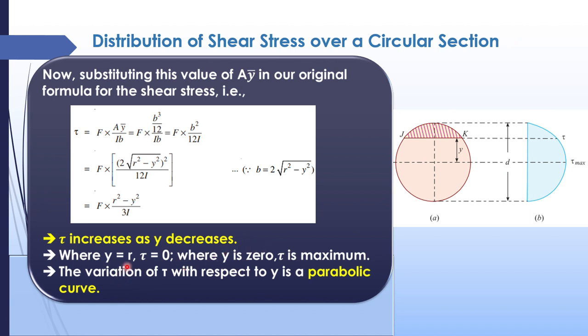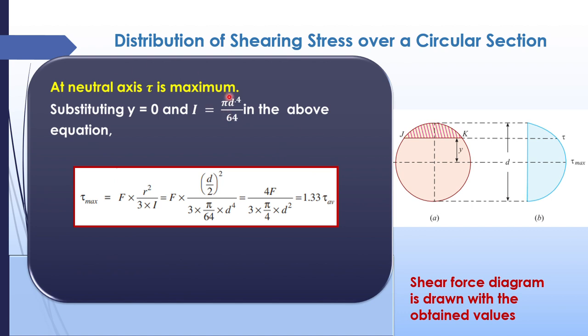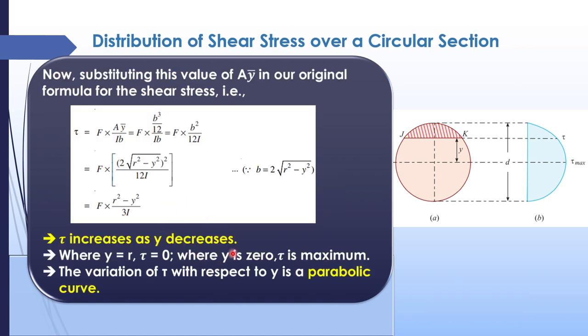Now where will be the maximum? When y is equal to r, tau will be 0. When y is equal to 0, tau will be maximum. So it will form a parabolic curve, and we have to find the maximum value of stress by providing y is equal to 0 instead of y. Maximum stress will be at the point y is equal to 0.